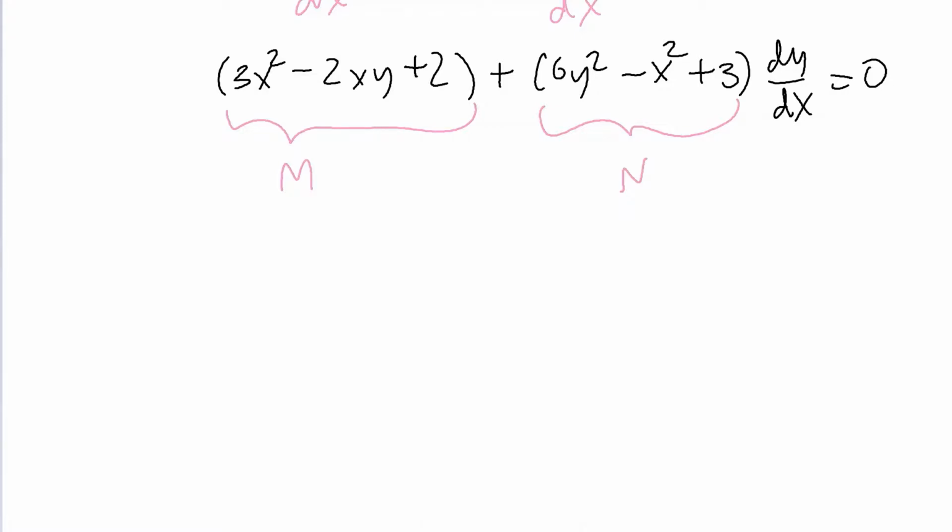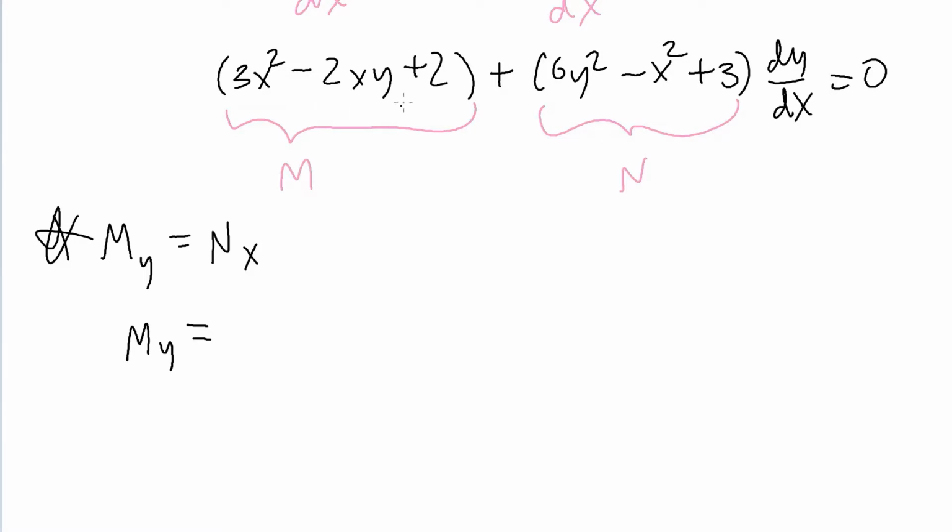So let's check if this is exact. Remember, a differential equation is exact if M_y equals N_x. This is always important to remember. So let's compute that. M_y: if we take the derivative of this in terms of y, the first term is 3x squared, and there's no y term in that, so that's a 0.